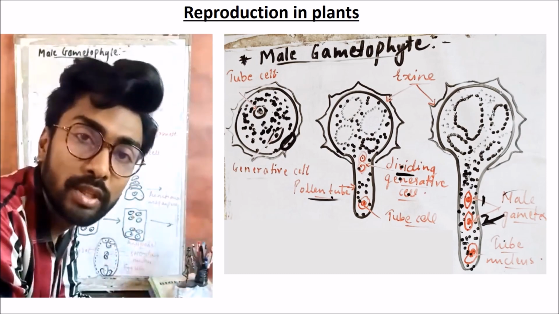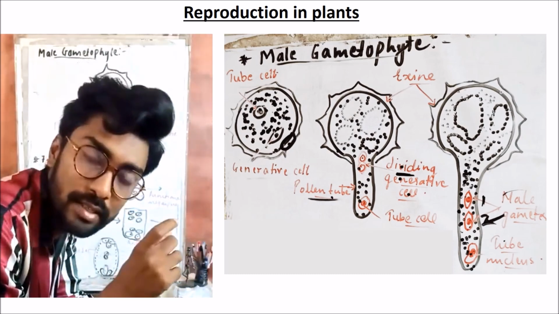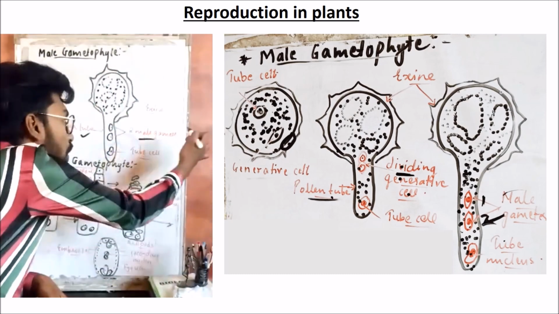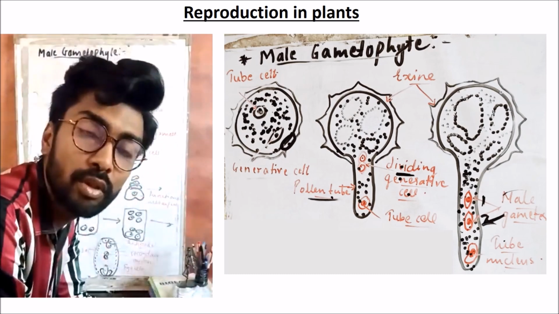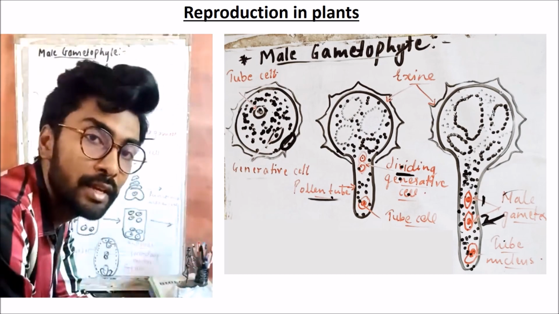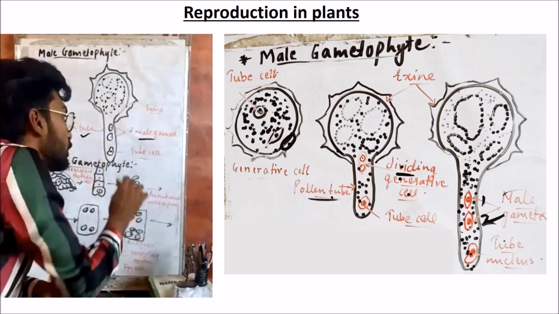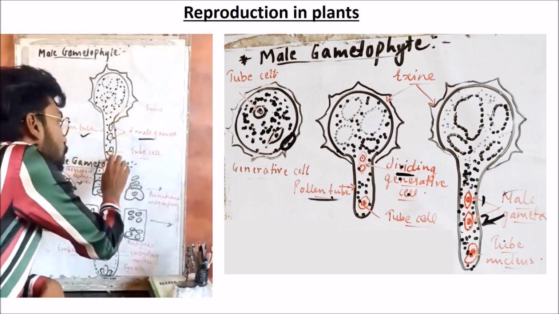Now the generative cell, which is the smaller cell, undergoes mitotic cell division to form two male gametes. Also the tube cell nucleus enters into the pollen tube along with the cytoplasm.